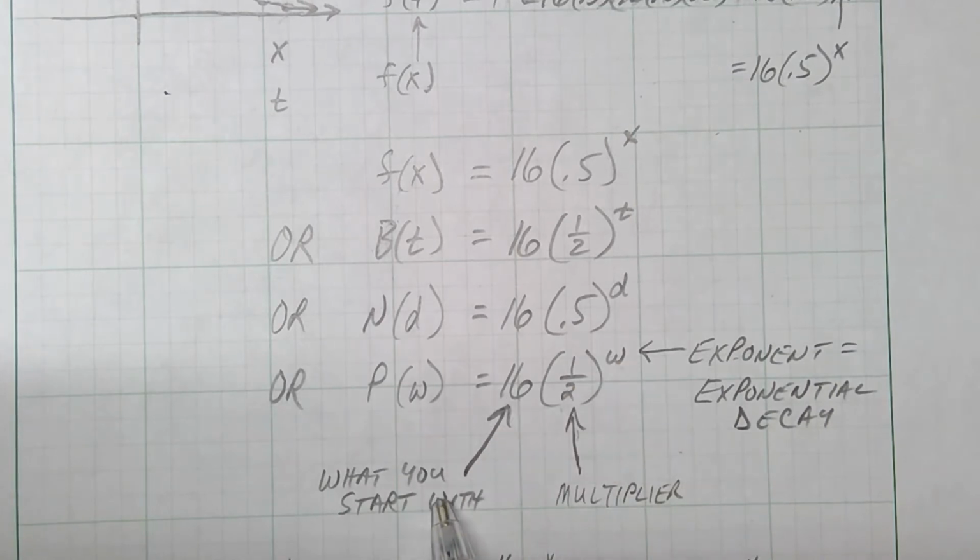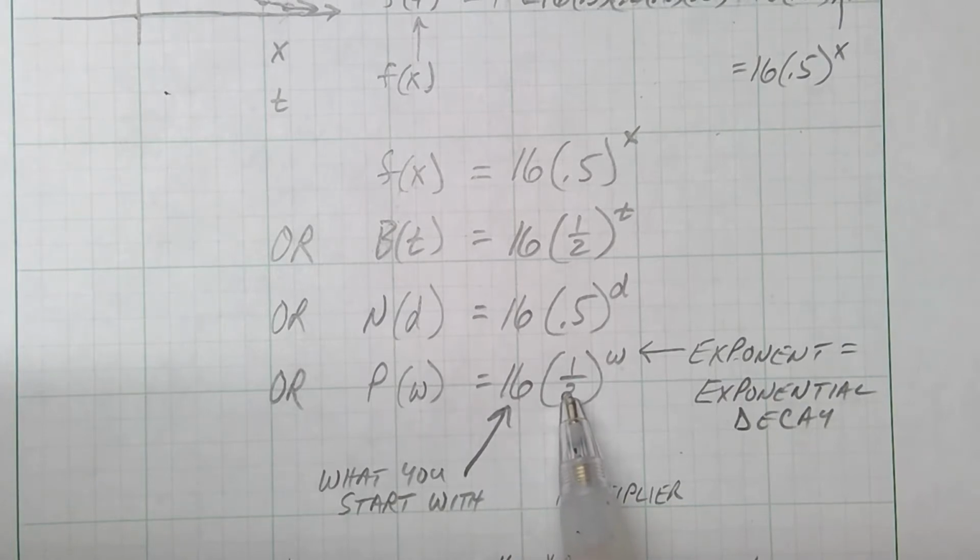Again, 16 is what you start with. You're multiplying by 0.5 or a half, either way. That's your multiplier. And using an exponent tells you it's an exponential growth or decay equation. This one is decaying. 16 is becoming smaller and smaller and smaller because we're taking half of it every time.